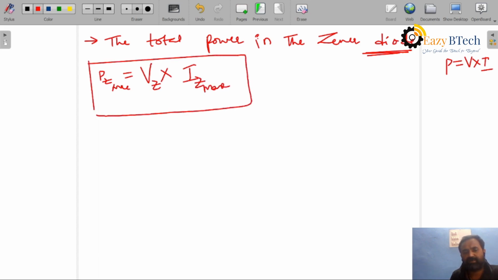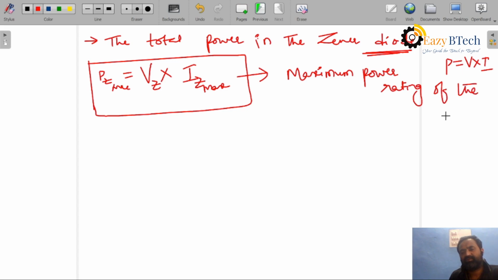This is the maximum power rating of the diode. And the unit of power is watts. Okay, this is a general overview of the power through the Zener diode.